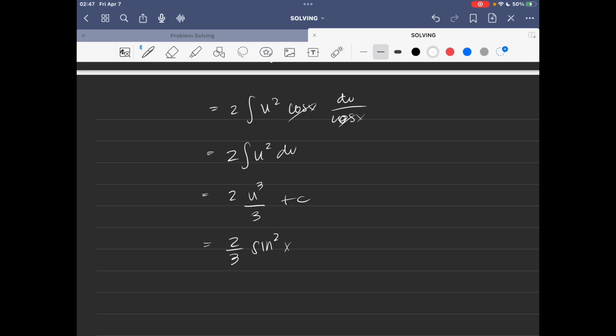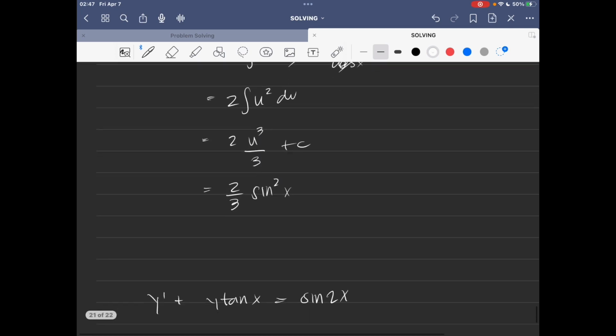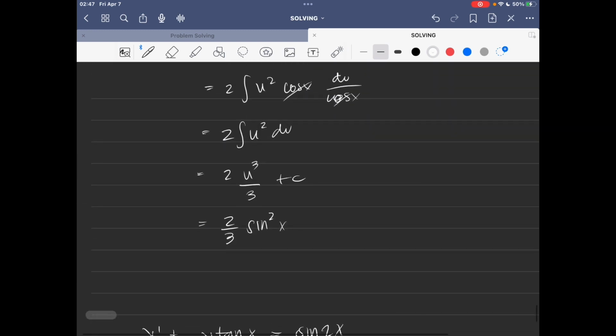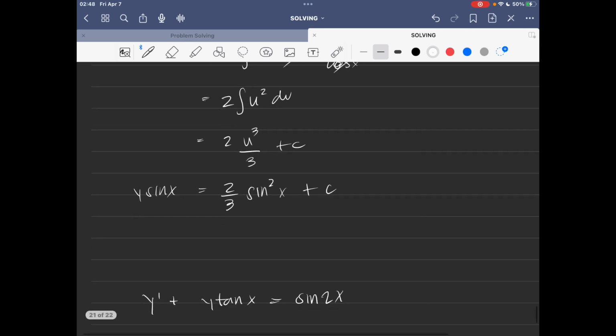So we'll have that plus c, on the side of y sine x. So to remove sine x from y, we have to divide by sine x on both sides of the equation.